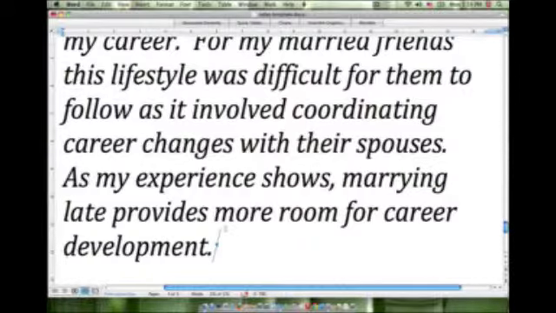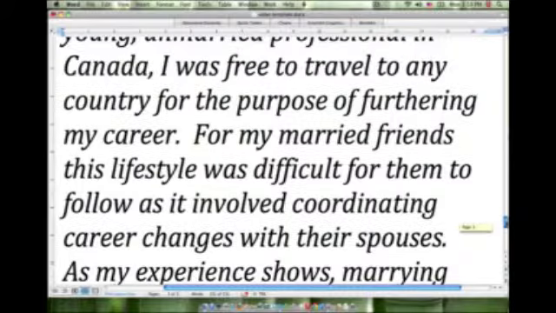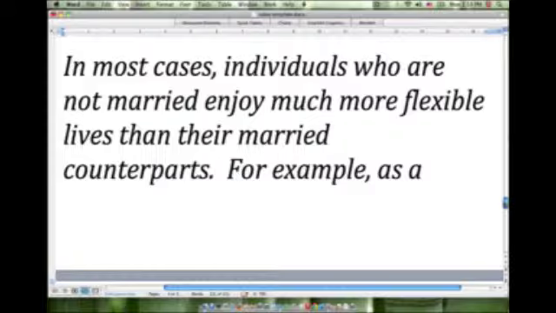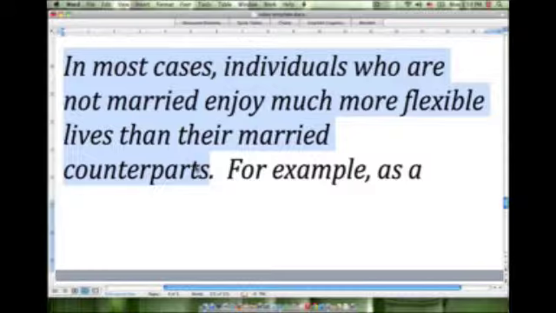Okay, so can you see how this last sentence links us back to the thesis? I've linked my example here, and the discussion we've made on this example, back to the overall idea of the essay. Let's read the paragraph together from the top. In most cases, individuals who are not married enjoy much more flexible lives than their married counterparts. Now, I just want to point out this first sentence. There is no mention of myself or my example. This is just a general point.